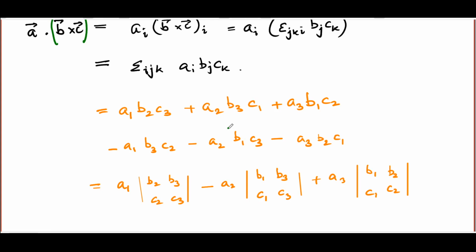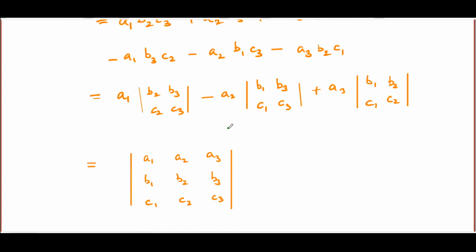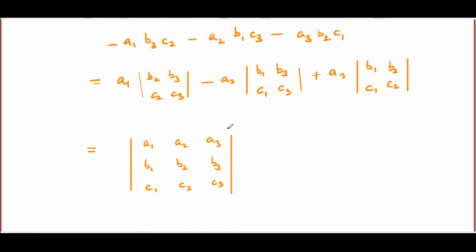And A3 is multiplied by the determinant with elements B1, B2, C1, C2. And it's very easy to see that all of this really boils down to a single 3 by 3 determinant, where the three rows are the three components each of the three vectors: A1, A2, A3, B1, B2, B3, C1, C2, C3.